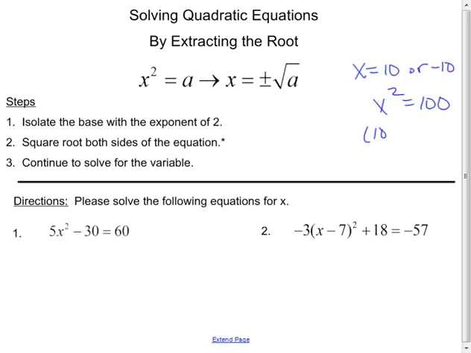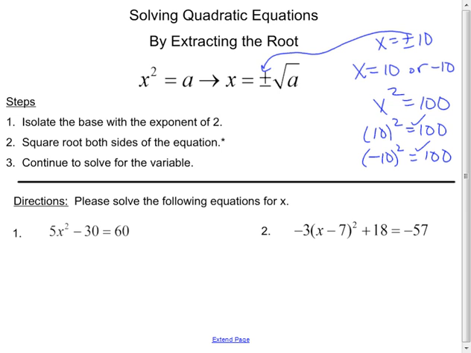If I draw that out here and check it, we see that 10 or negative 10, when squared and plugged into that equation, both give me 100. So the answer to that question is not just 10, it's 10 or negative 10. So we say that x equals plus or minus 10. Well, that accounts for the plus or minus in this concept.